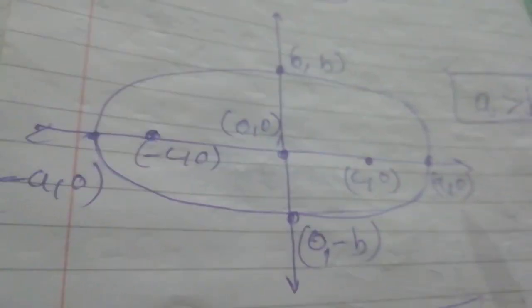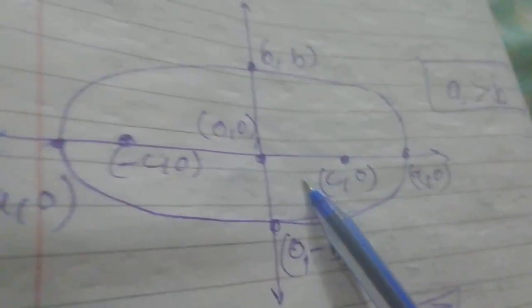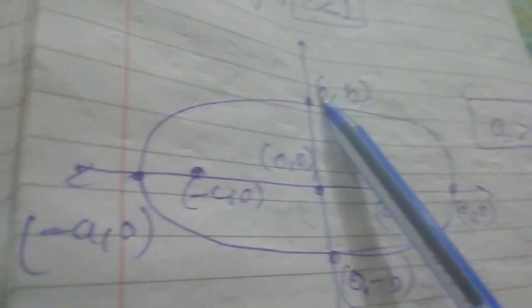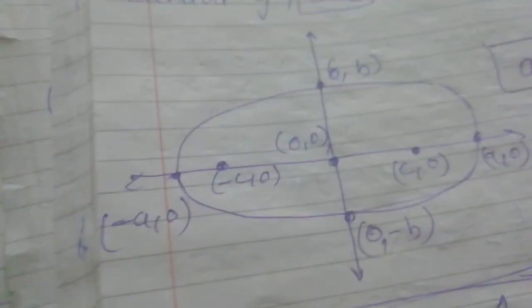Okay, now let's talk about it in detail. This point is (c, 0), this point is (0, b), and I've mentioned all these here.